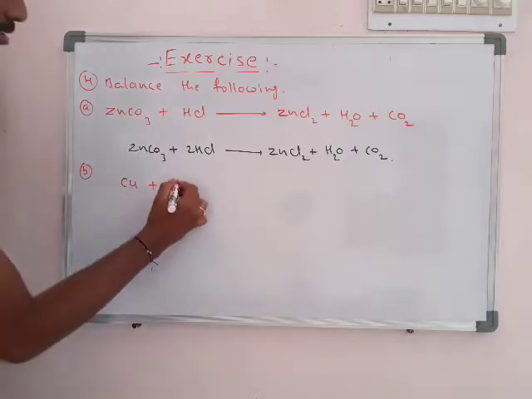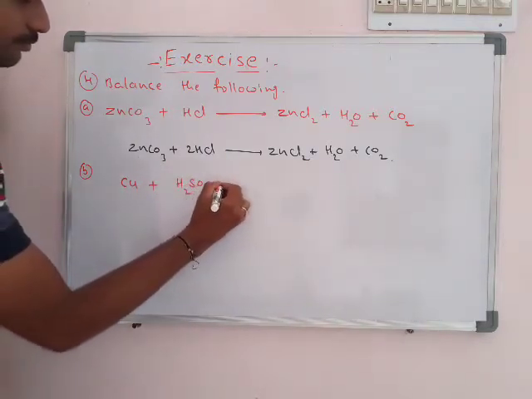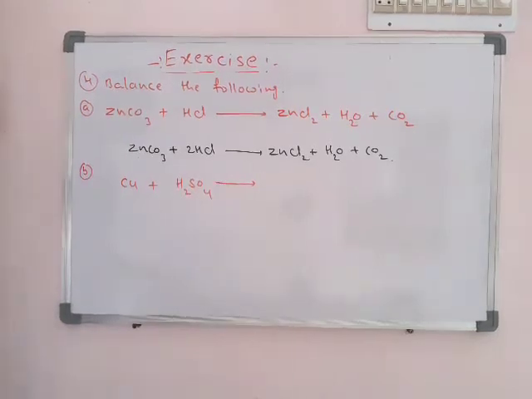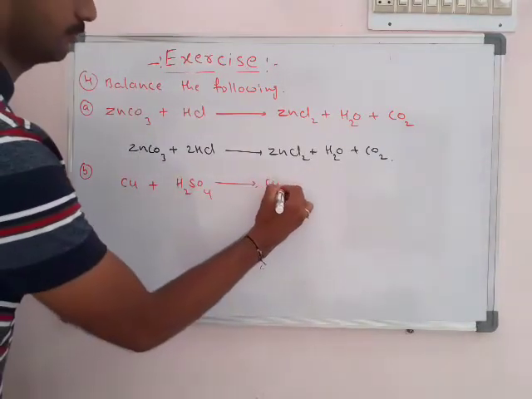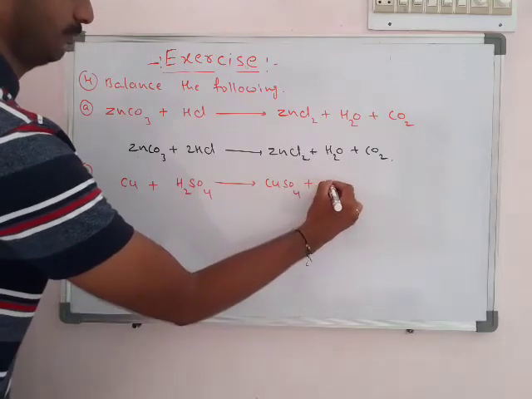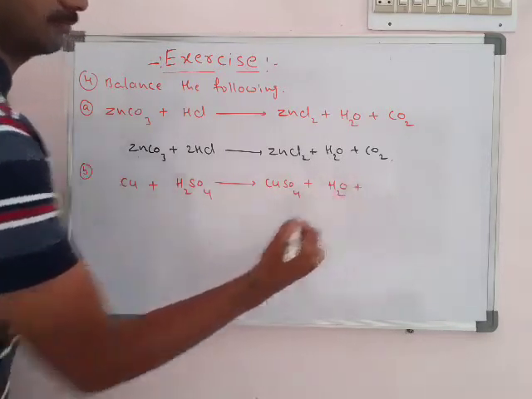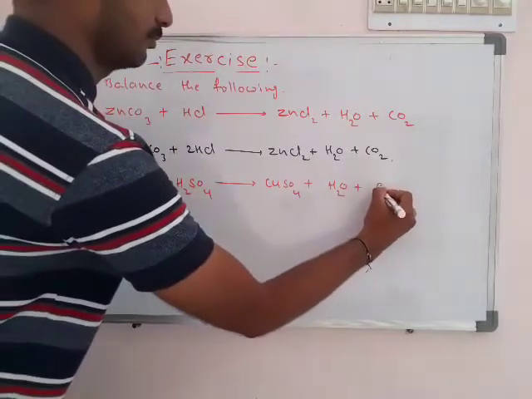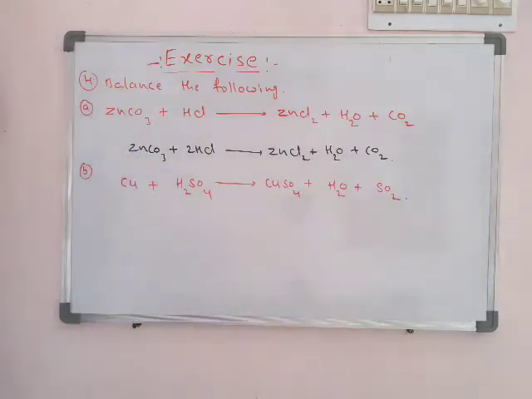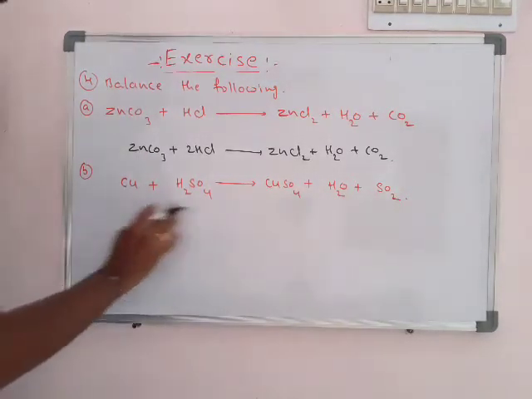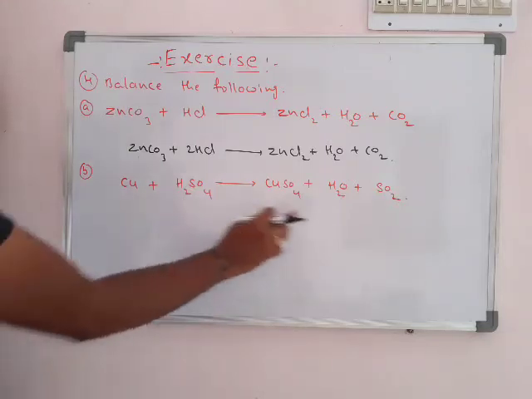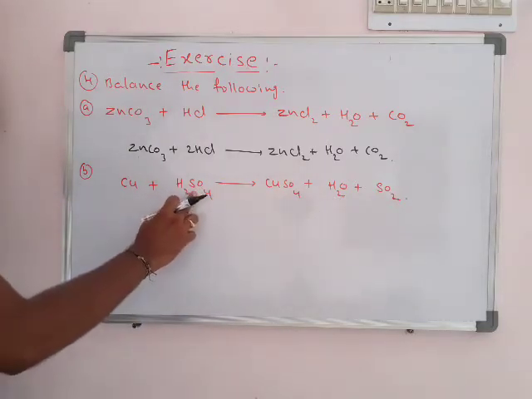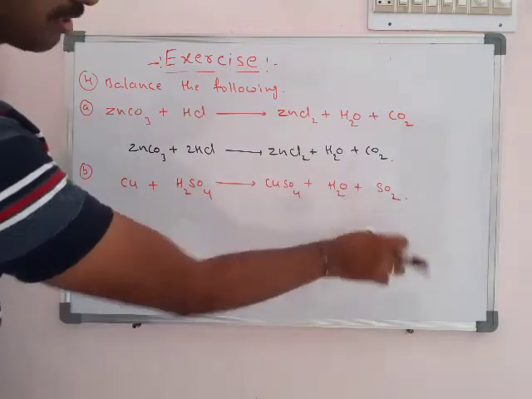Cu plus H2SO4. So balance the equation. Just wait. So 1 copper, 2 hydrogens, 1 sulfur, but here 2 sulfurs.